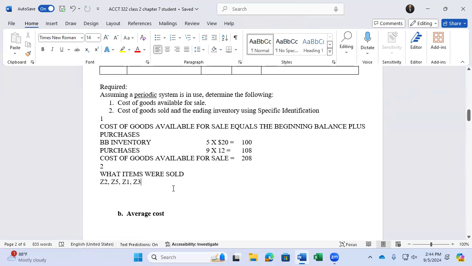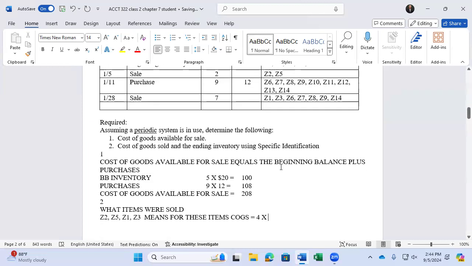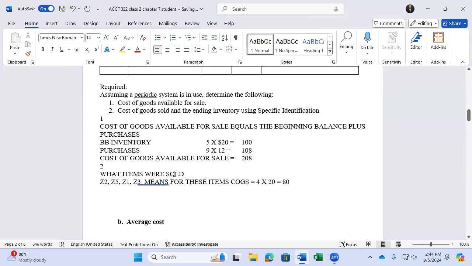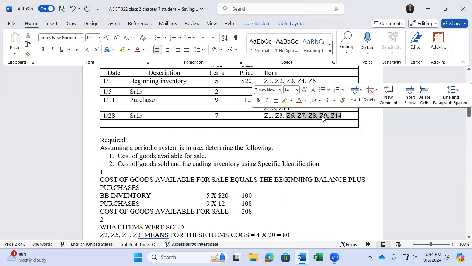So for these items, cost of goods sold is equal to 4 times the $20 price, which equals 80. Then I'm going to go to the next one and ask, what else was sold? I know these items all came from the second purchase.